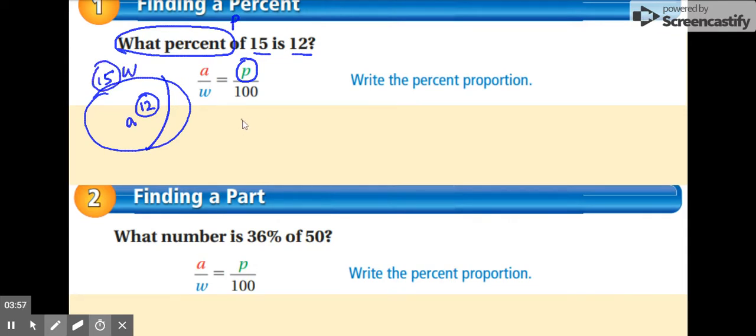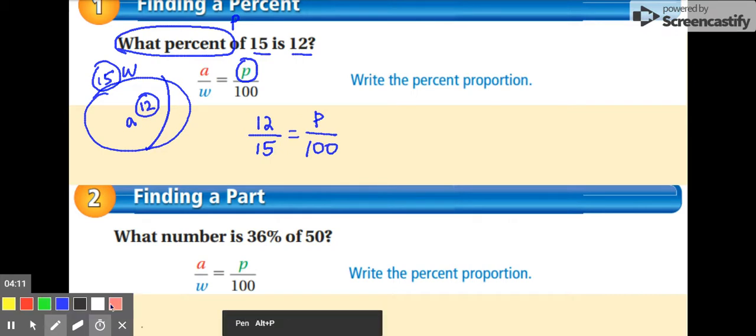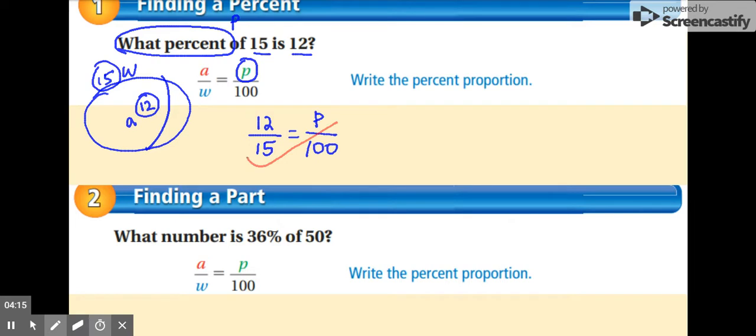So I'm going to just rewrite it. I'm going to just plug in part to whole and P over 100. We can simplify and then find the percent, but I'm going to use cross multiplication. That's my favorite. I know it's your favorite. Cross multiplication. 15 times P, what is it? 15P. It should be equal to 12 times 100, it's 1,200.